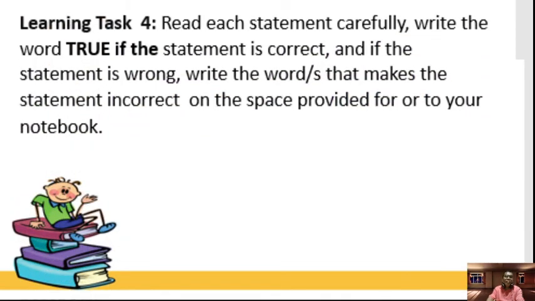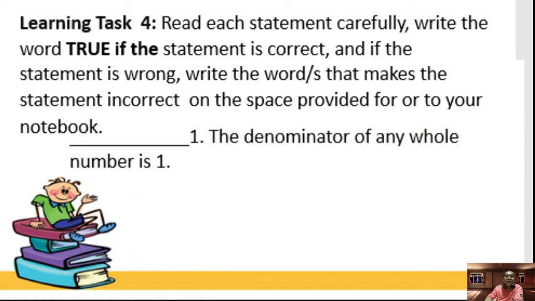And for the modified true or false, just write the word true if the statement is correct. And if the statement is wrong, just write the word or words that make the statement incorrect. Okay, so you have: 1. The denominator of any whole number is 1. 2.